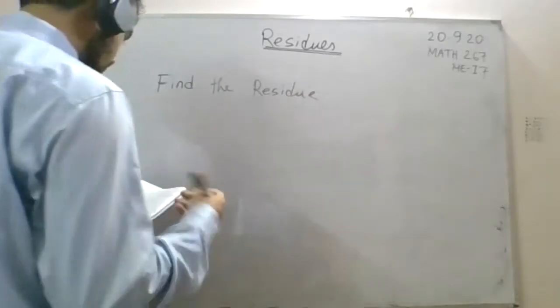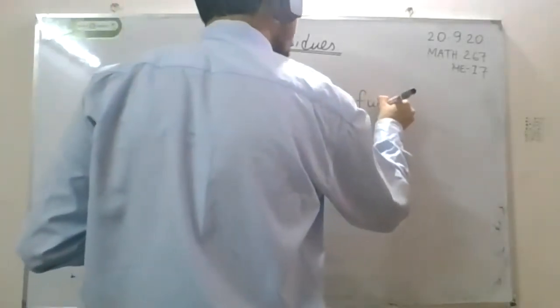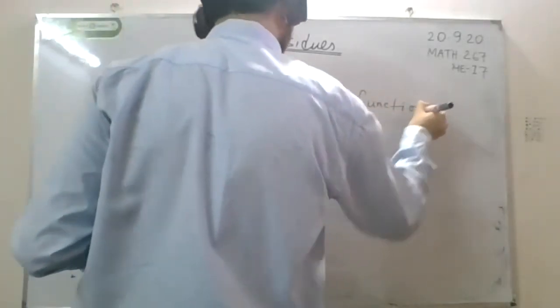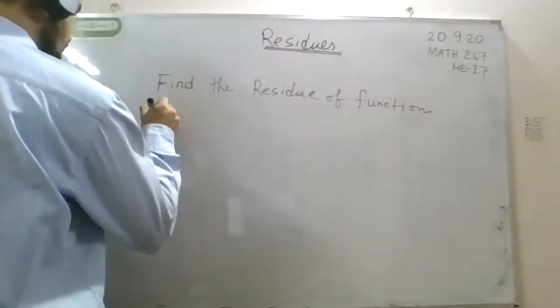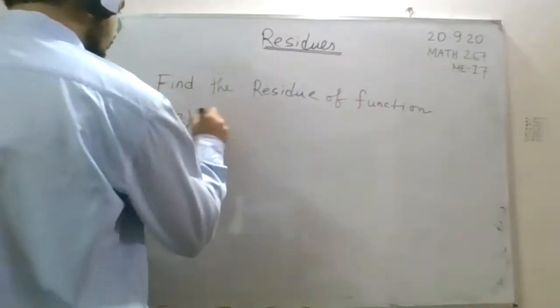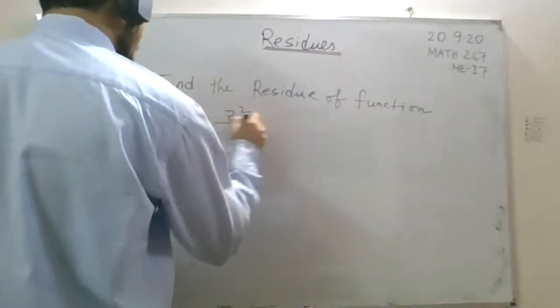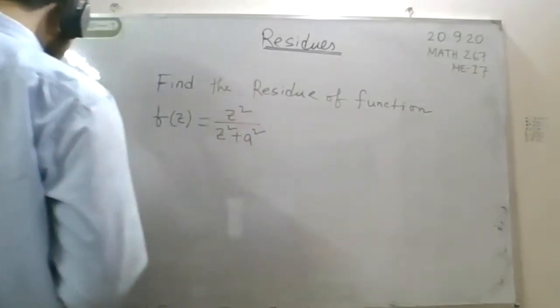So here find the residue of the function f(z) equals z square divided by z square plus a square. Okay.